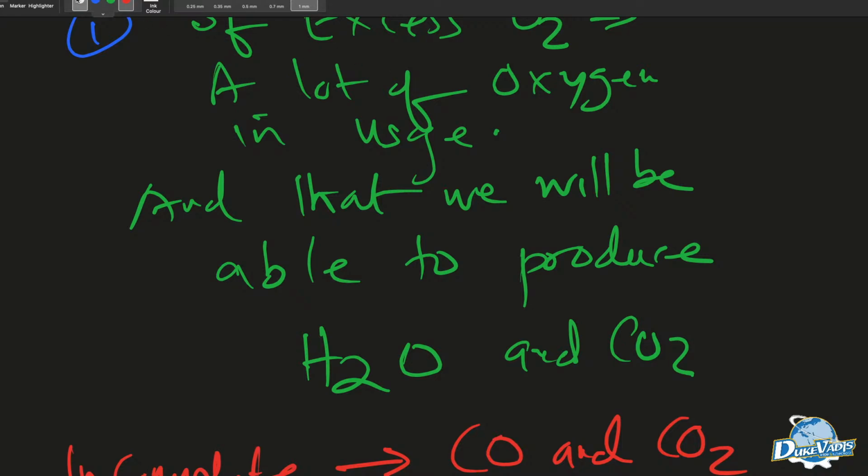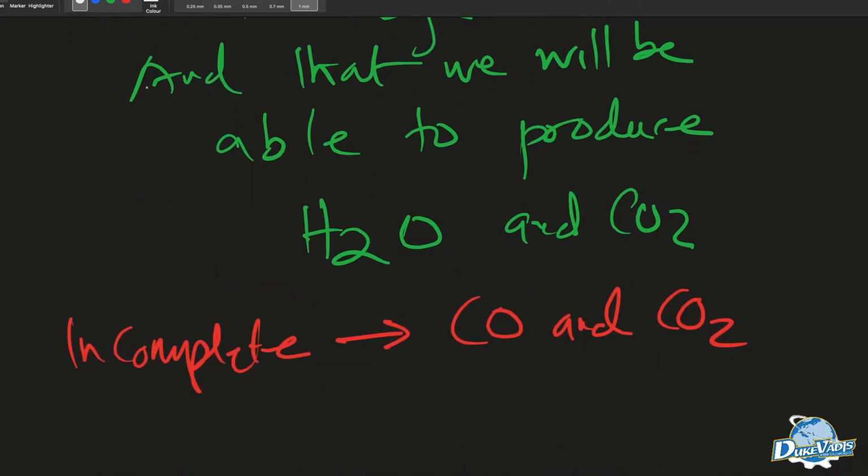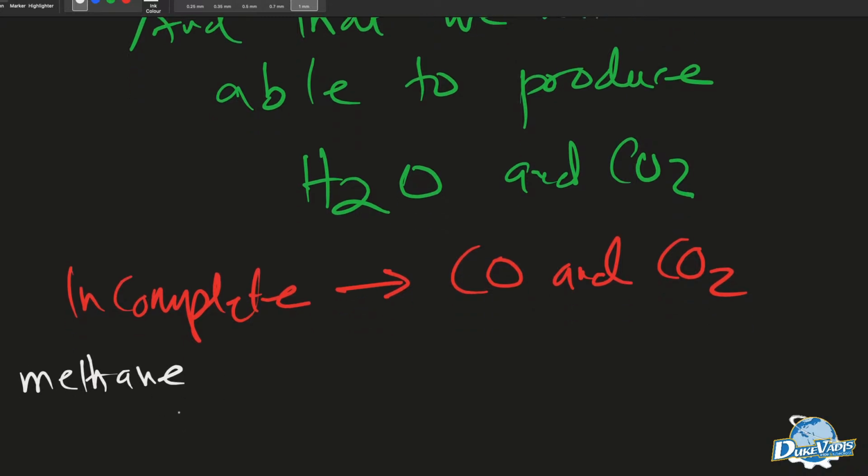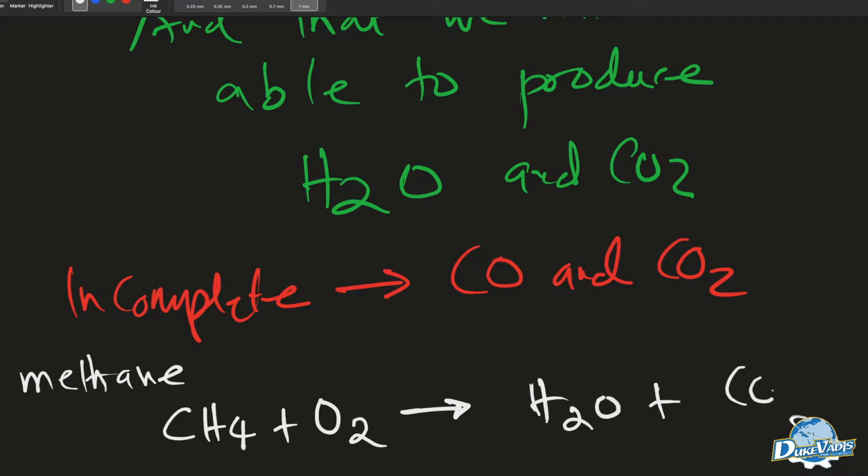If we have a compound, say methane, which is CH4, reacting with oxygen, we know our product will be water plus carbon dioxide. So in such a reaction, how do we balance it?